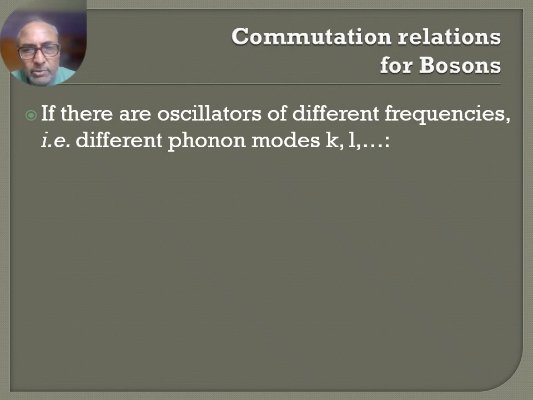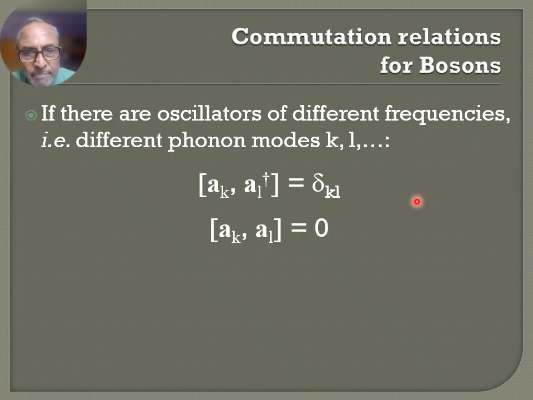If there are oscillators of different frequencies, that is different phonon modes labeled as k, l, etc., then we can write the commutation relations for bosons as the commutator of a_k and a_l dagger equal to delta_kl, which is equal to 1 if k equals l and 0 if k does not equal l. The commutator of a_k and a_l equals 0, that is the annihilation operators for different phonon modes commute, and the commutator of a_k dagger and a_l dagger equals 0, that is the creation operators for different phonon modes commute.